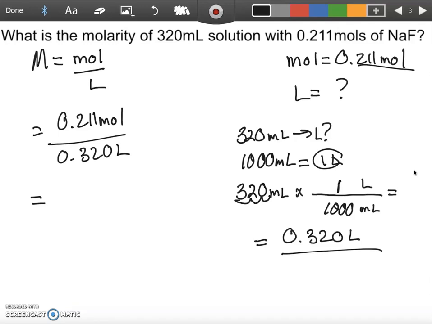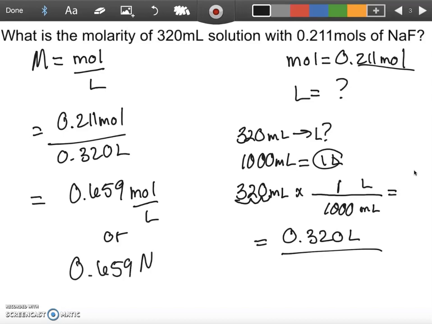And we get 3 significant figures, because this last zero is significant because there's a decimal there. Okay, so to 3 significant figures, 0.659 moles per liter, or you can write it as 0.659 big M, which means molar.